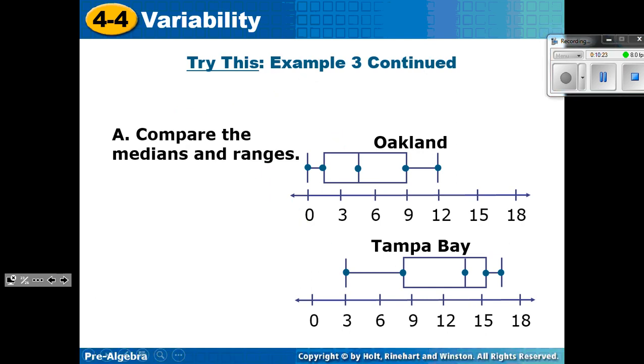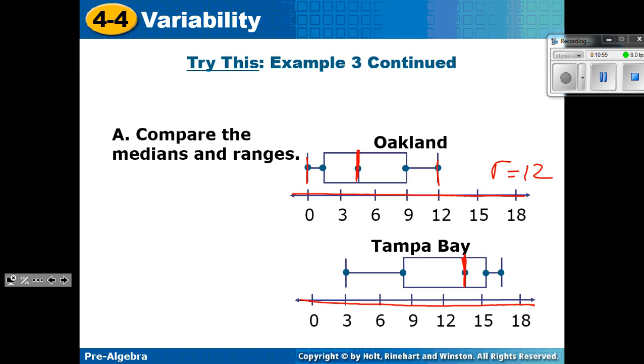So then the question is, compare the medians and the ranges. Now it's good that the number lines are exactly the same, so everything's lined up perfectly so you can compare easily. So here's the median right here, and here's the median right here. So you could say Oakland's median per quarter score was significantly less than Tampa Bay's median score. And then they also wanted the ranges, so you'll have to do 12 minus 0 is 12.